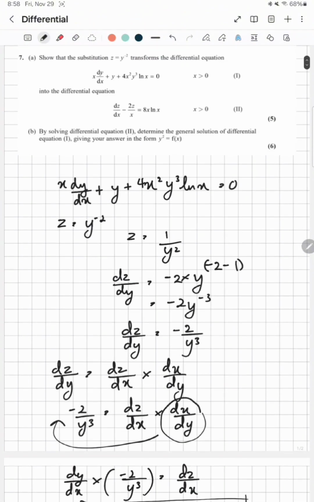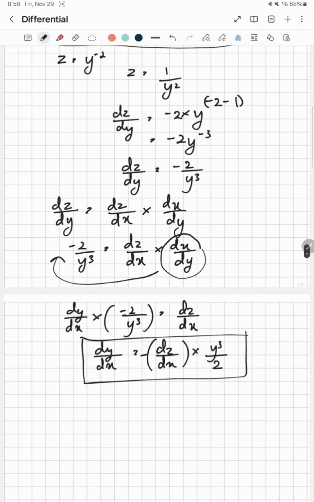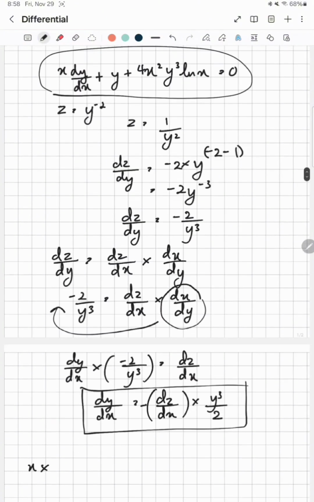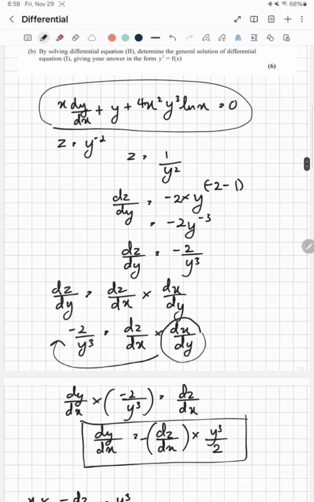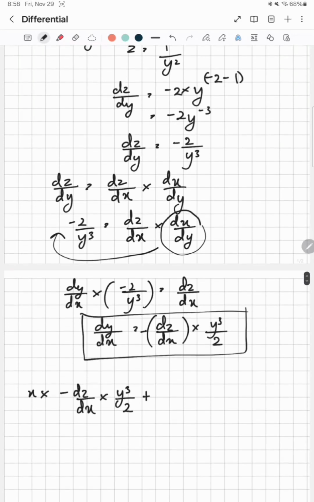So now what you can do is you can do the substitution. So they've given us this. So instead of writing that, we can write x into dy over dx. That is minus dz over dx into y to the power 3 over 2, plus y.